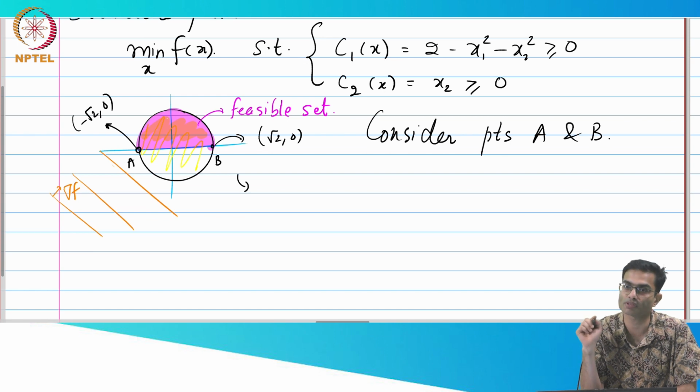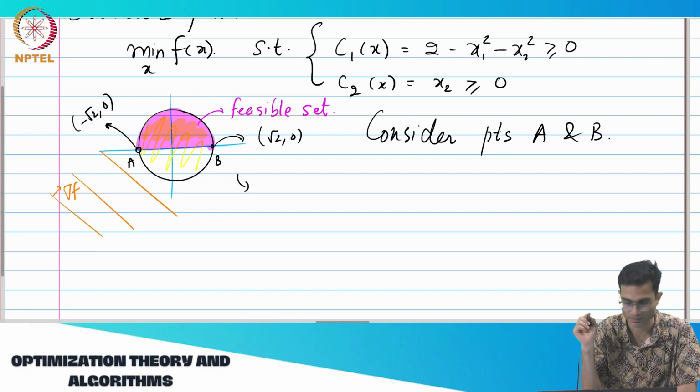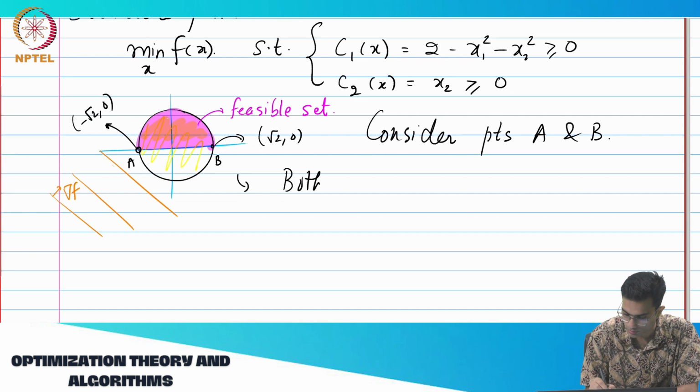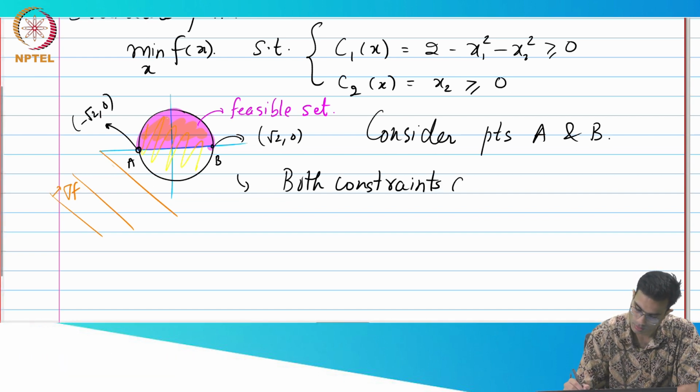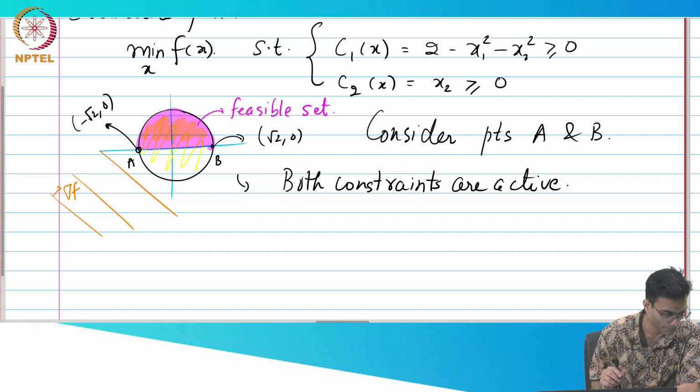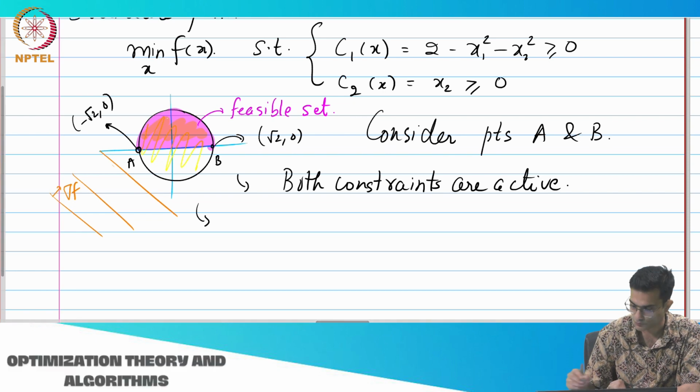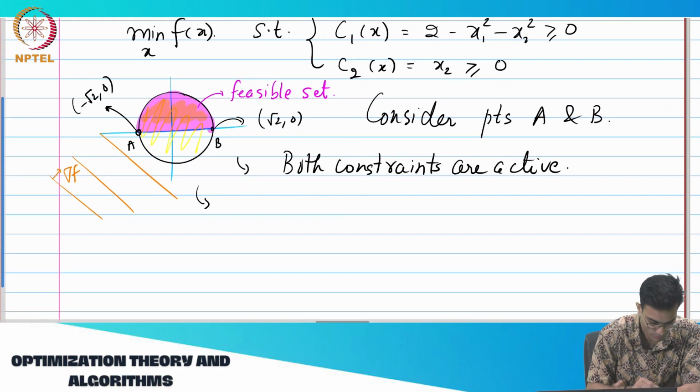Are both constraints active at point A and point B? Yes. Right? So both constraints are active. Okay. So anyway, that is bookkeeping.